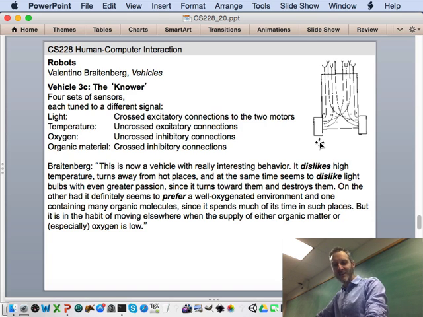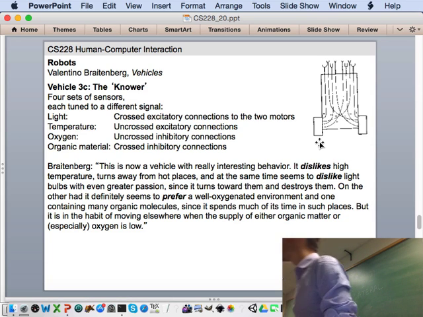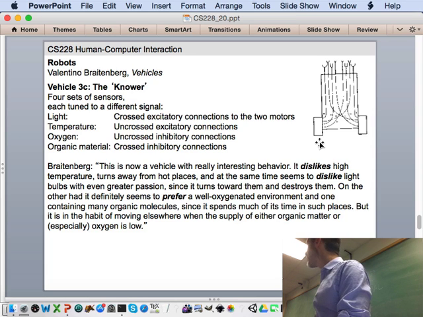But on the other hand, it definitely seems to prefer well-oxygenated environments, and those containing many organic molecules, since it spends much of its time in such places, but it has the habit of moving elsewhere when the supply of either organic matter or oxygen is low. Perfect, right? Relatively interesting or rich behavior, even though this robot just has 2 motors, 8 sensors, and 8 wires.